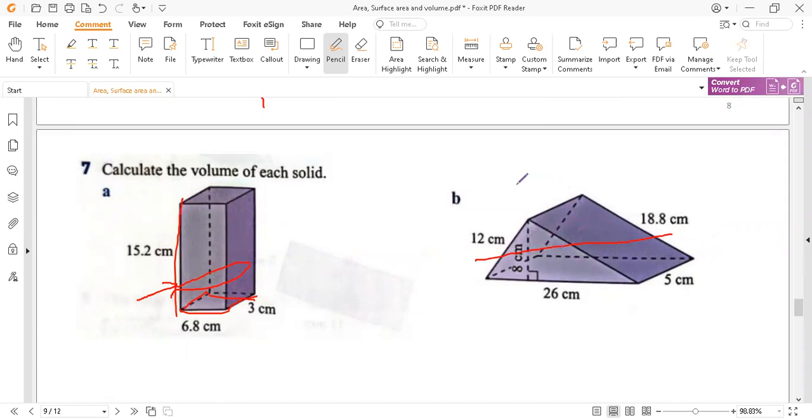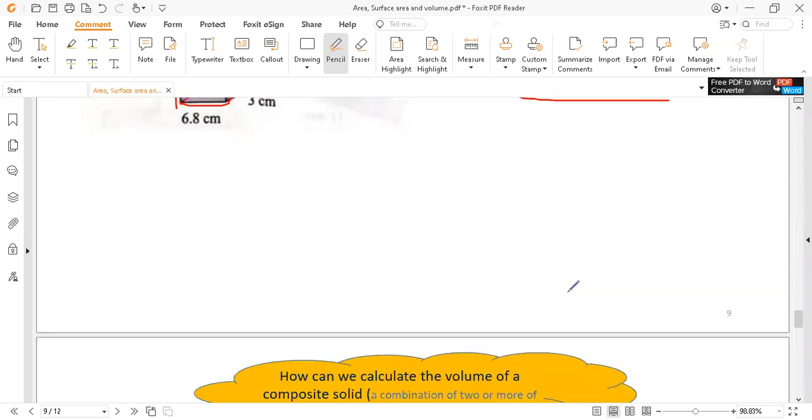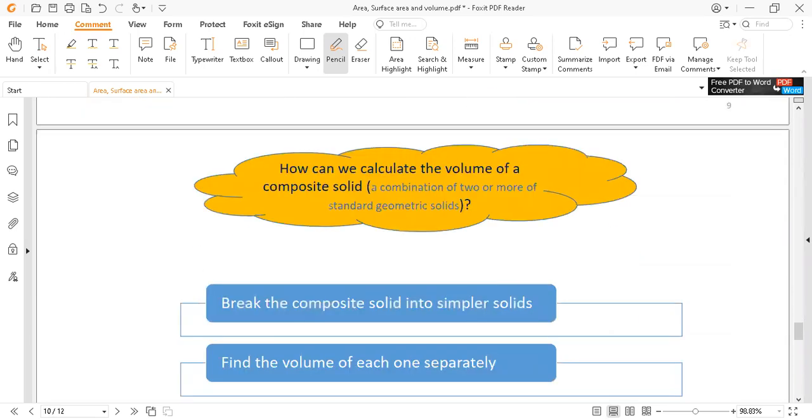If we take a cross section in this way, in this way, and in this way, we obtain a uniform cross section. So we take the base of this one and we multiply it by the height 5. Easy.